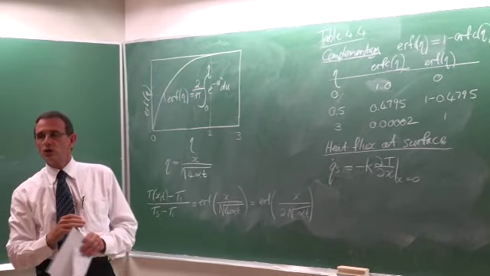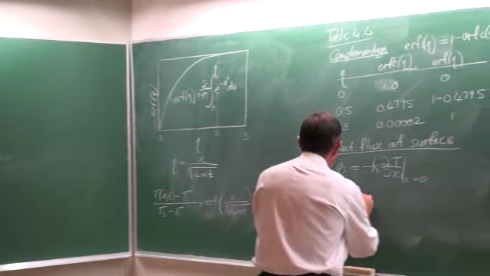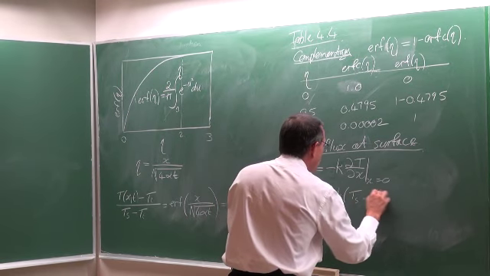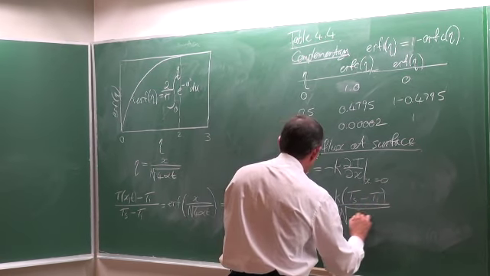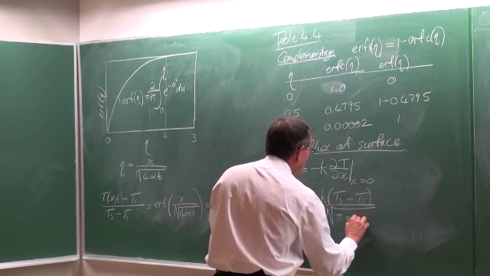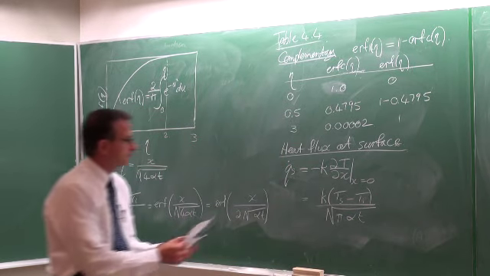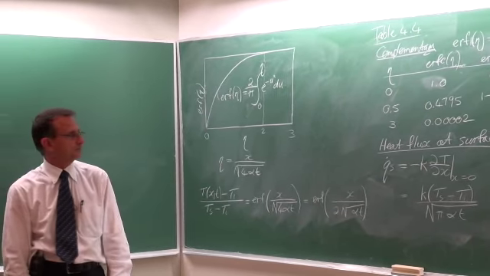And if we use those equations, do all the mathematics, it is very easy to show that it is equal to k multiplied by Ts minus Ti divided by the square root of pi alpha t. So that is the heat flux then on the boundary.